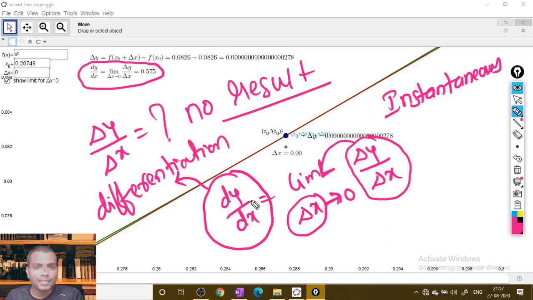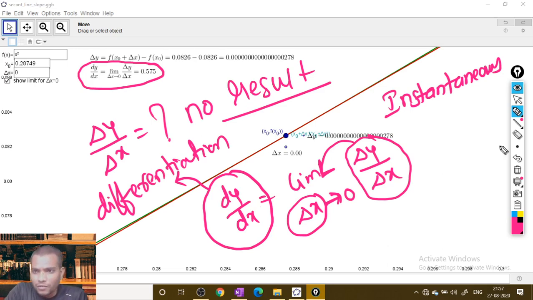So finally I can say that to calculate the instantaneous velocity, we need a mathematical technique, and that is known as differentiation.